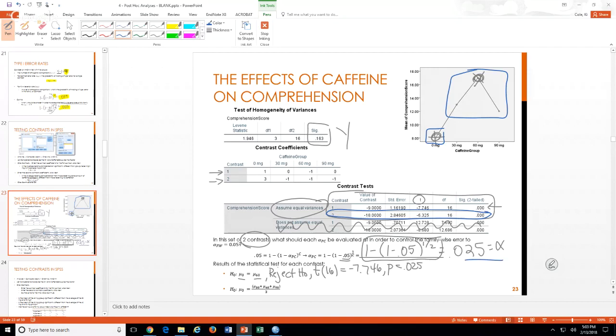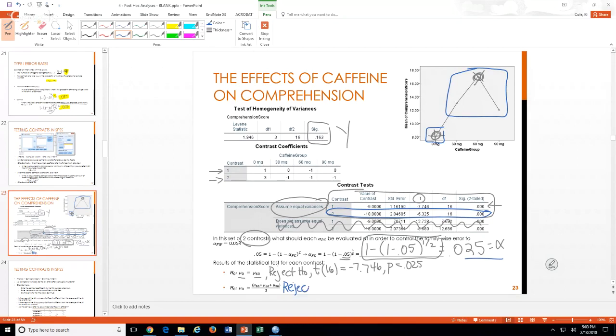And if p is less than alpha, then we reject the null. How many degrees of freedom? 16. The test statistic is negative 6.325. The p is less than 0.025. Good.